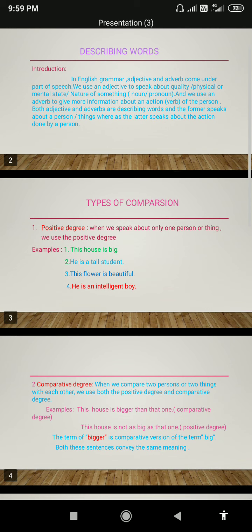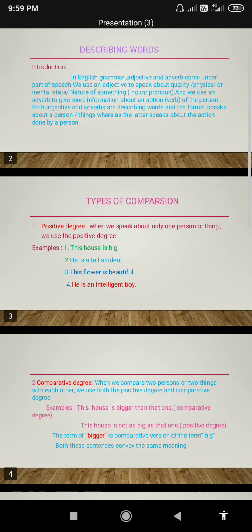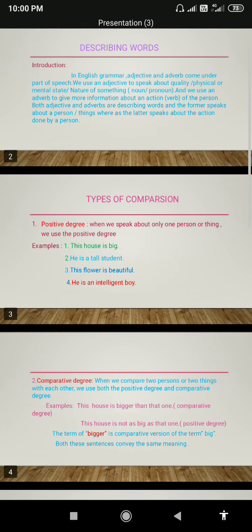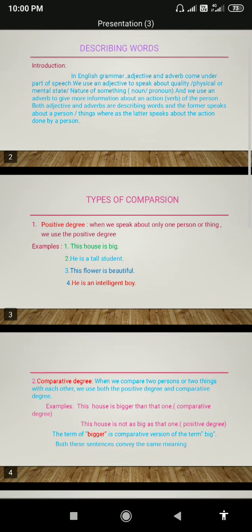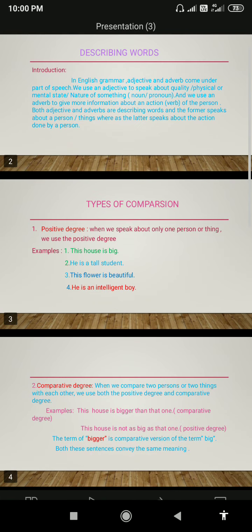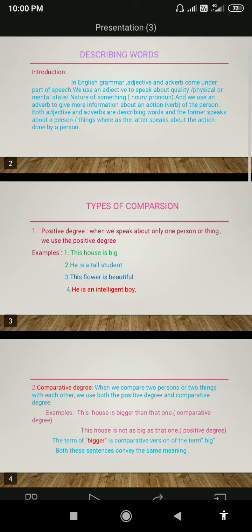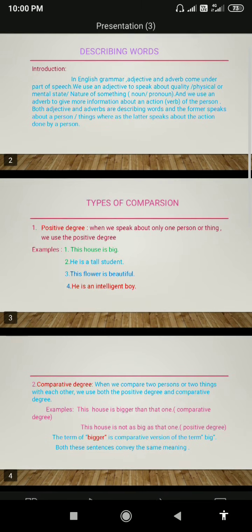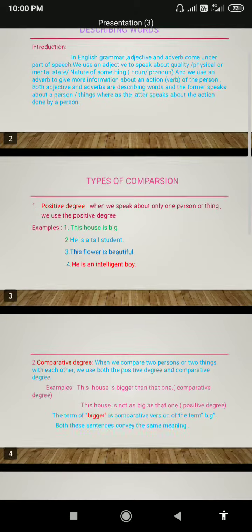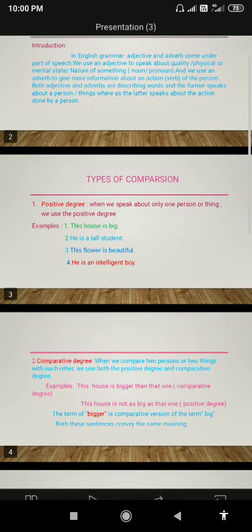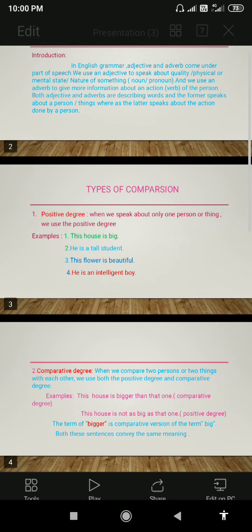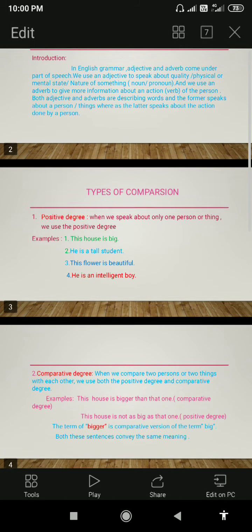Understand? Then have a glance over the examples. The first one is, he worked the sum quickly. The second one is, the flower is very beautiful. The third one is, he pronounced the word quite correctly.